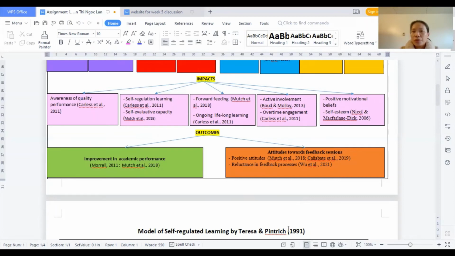However, in Nguyen et al. 2021, the students were not willing to take an active role in feedback processes. So I want to conduct the research to examine whether such sustainable feedback can improve my students' academic performance as well as their attitude towards my feedback sessions in my own context.